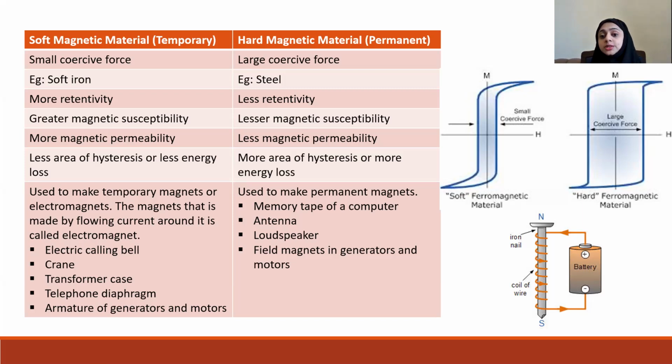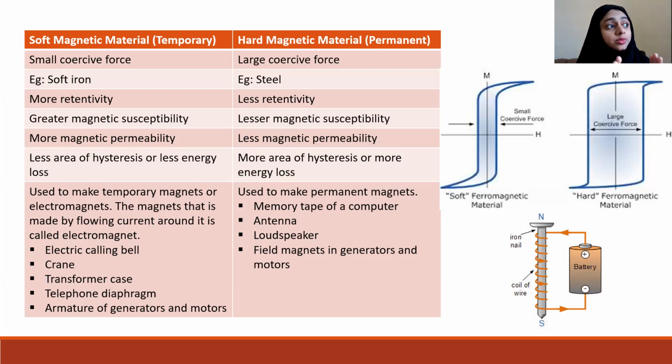So I hope this lesson is clear to you. By this time, you should be able to compare the properties of diamagnets, paramagnets, and ferromagnets. You should be able to give a sentence or two explaining what is an antiferromagnet and what is a ferromagnetic substance.